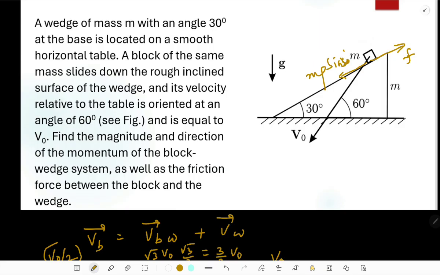It's moving with constant velocity, so the forces will be balanced on it in any direction. So the friction in this case is mg sine 30 degrees, that is half mg, and that's the answer.